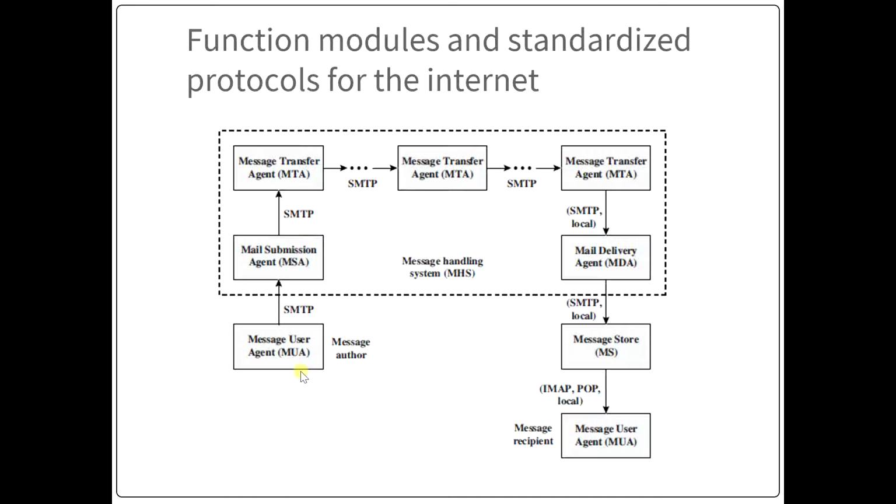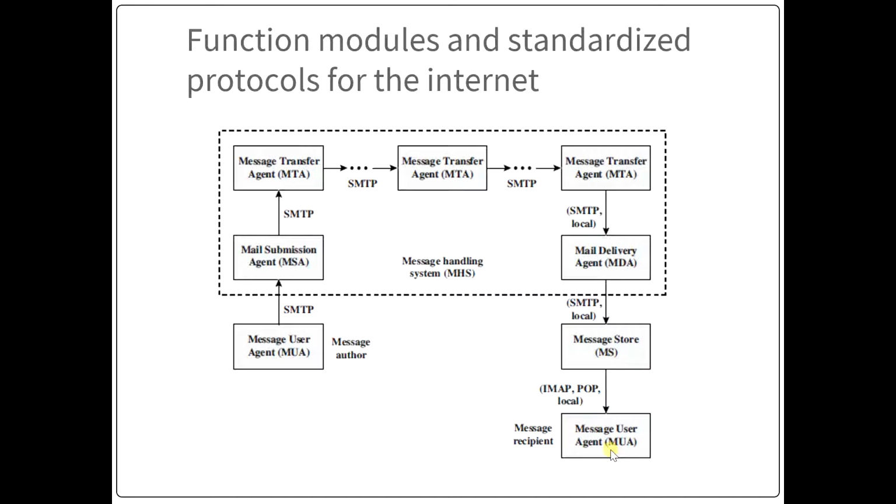Typically this function is housed in the user's computer and is referred to as the client email program or a local network email server. The author MUA formats a message and performs the initial submission into the MHS via the MSA.